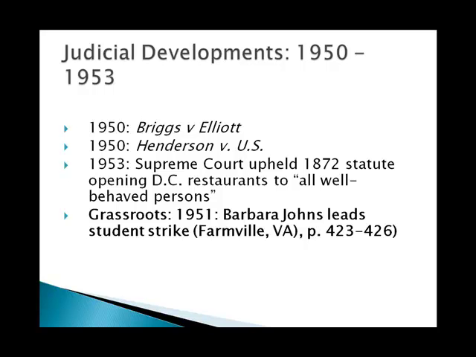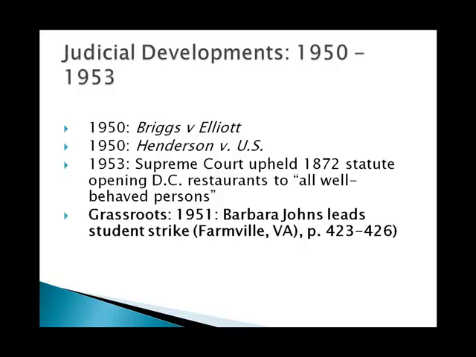Mary Church Terrell had been fighting since the late 19th century against Jim Crow segregation. This decision in 1953 was probably the last great activist effort on her part. She died soon after that.